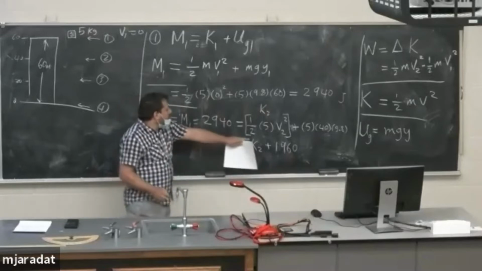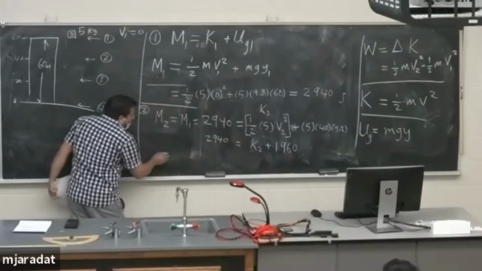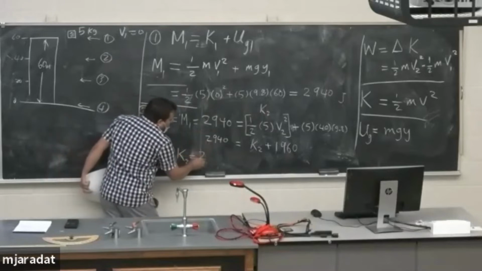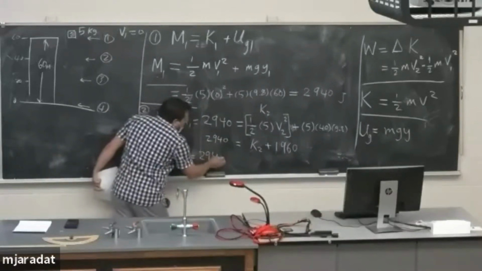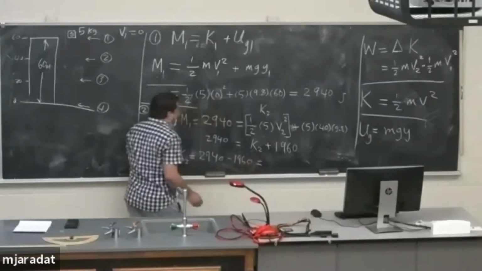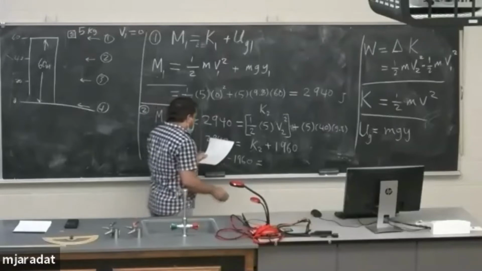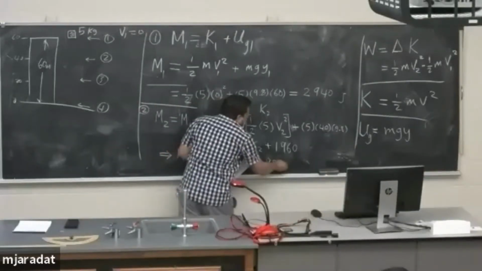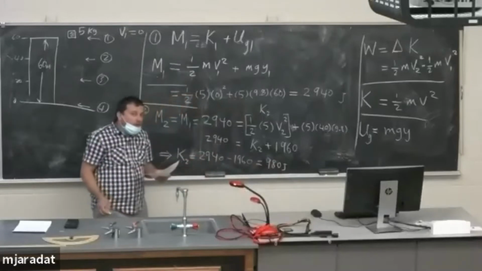It is this minus that. So the kinetic energy is equal to 2,940 minus 1,960. It will be equal to 980 joules. This is the kinetic energy. I will talk about them.